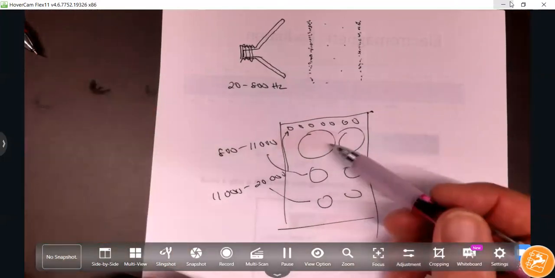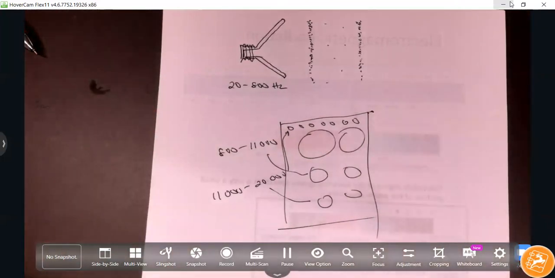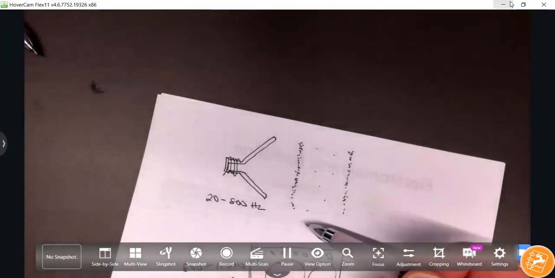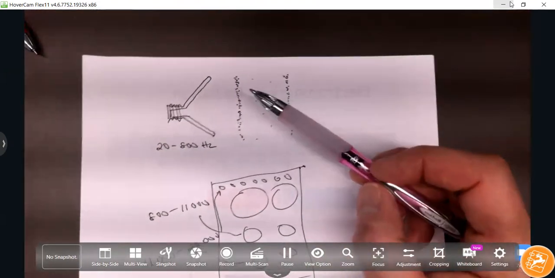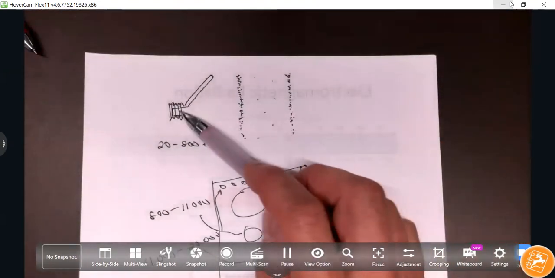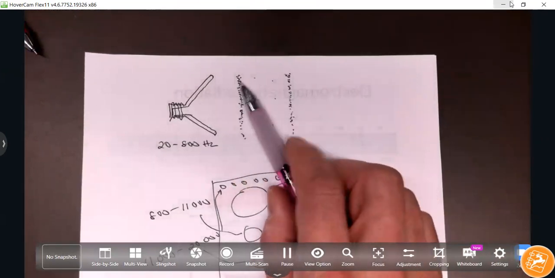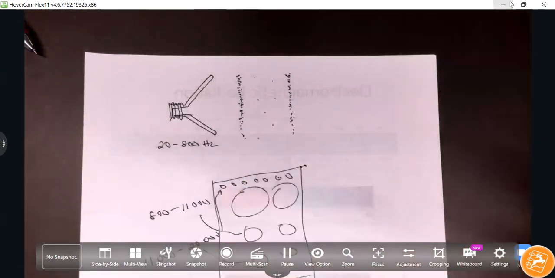That's why your speakers get smaller, to get your high frequencies. And we know sound travels slowly, but the amplitude is how much the speaker is sucking in, and then how much air it's pushing together when you turn up the volume.